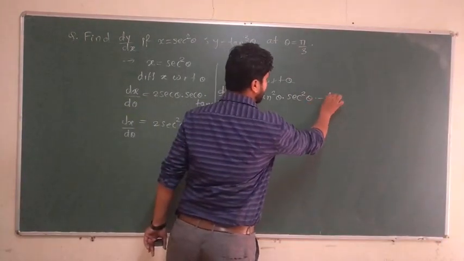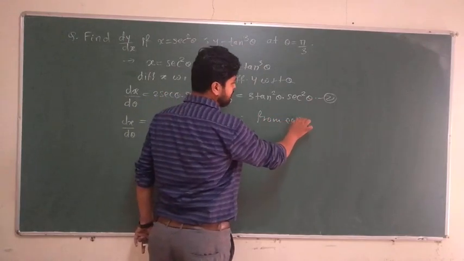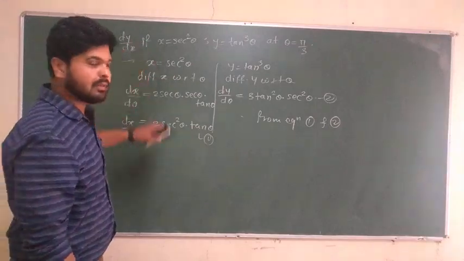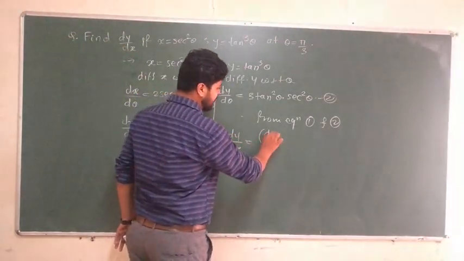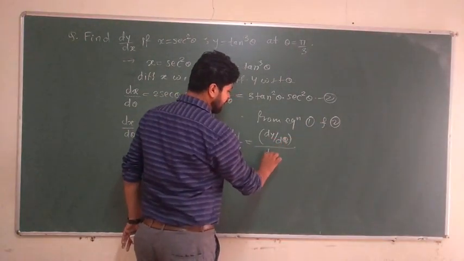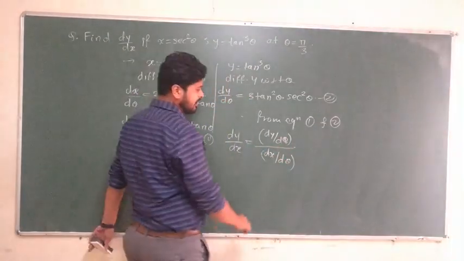This is equation 2. So therefore, from equation 1 and 2, we can find the value of dy by dx. So from equation 1 and 2, dy by dx is equal to dy by d theta upon dx by d theta. This is the formula.